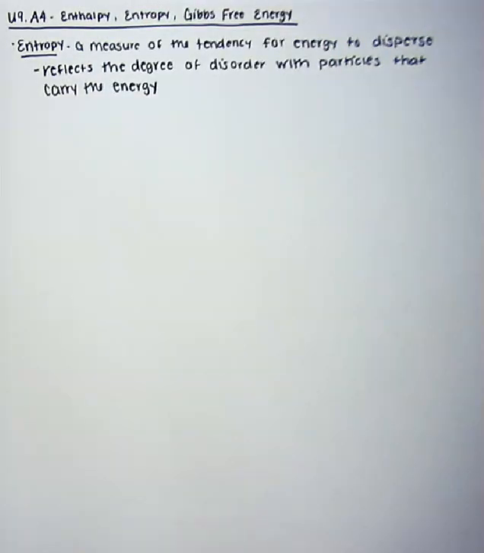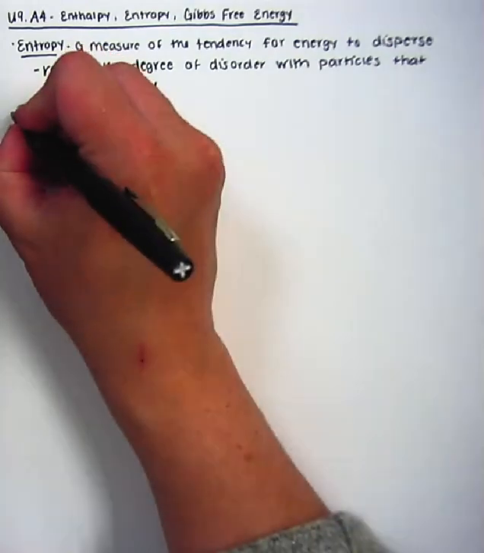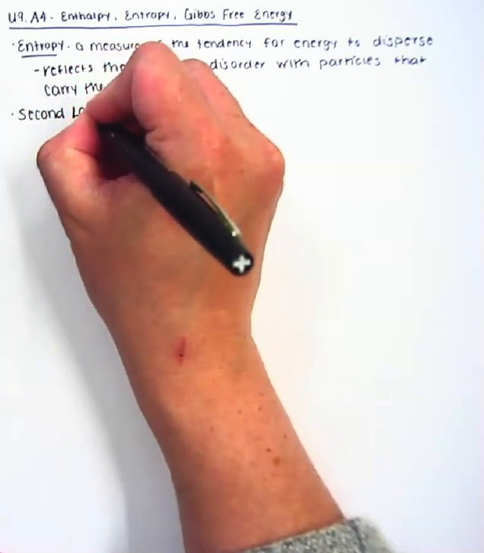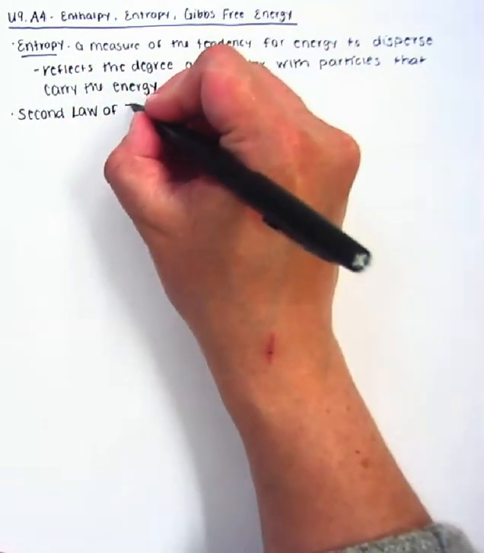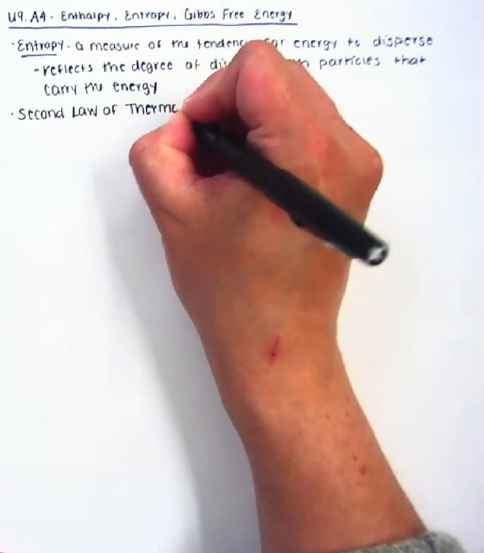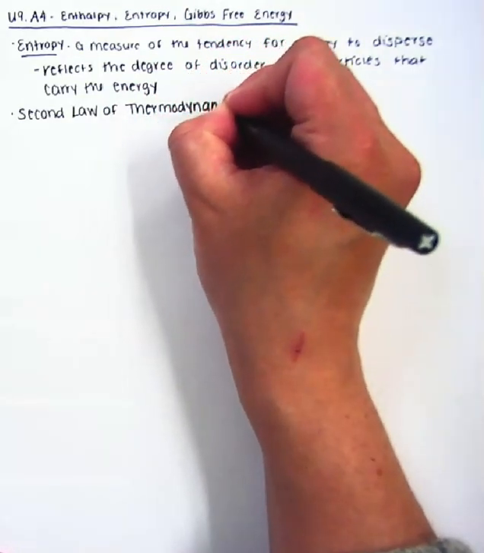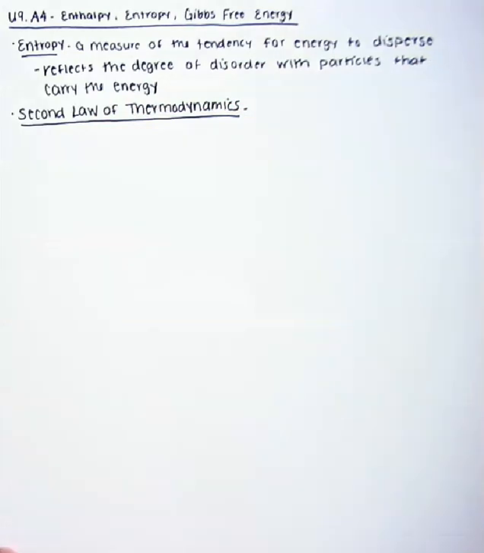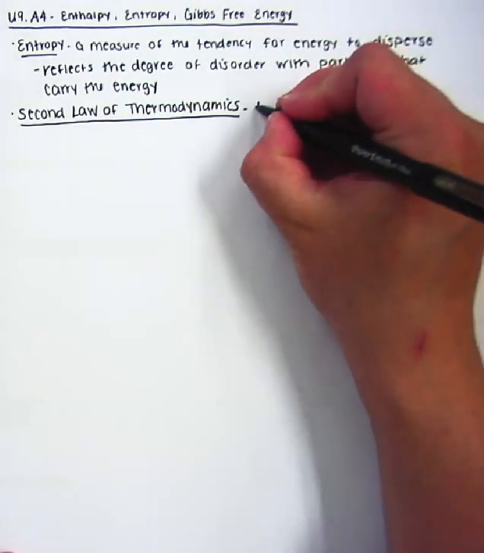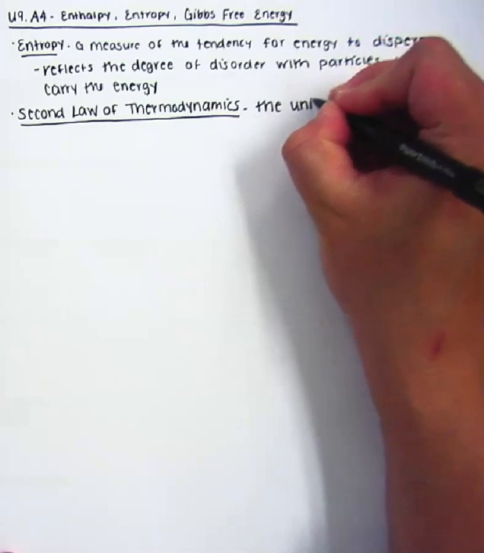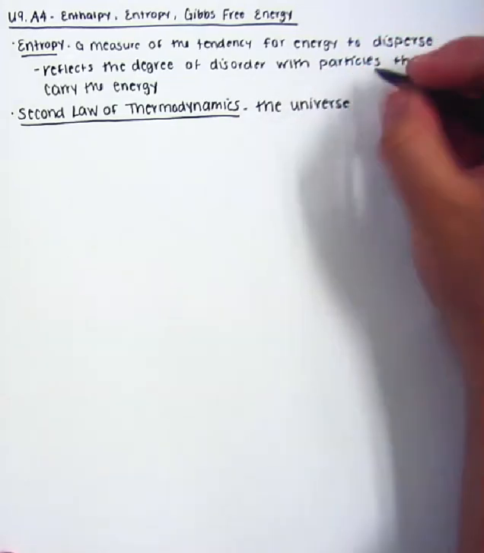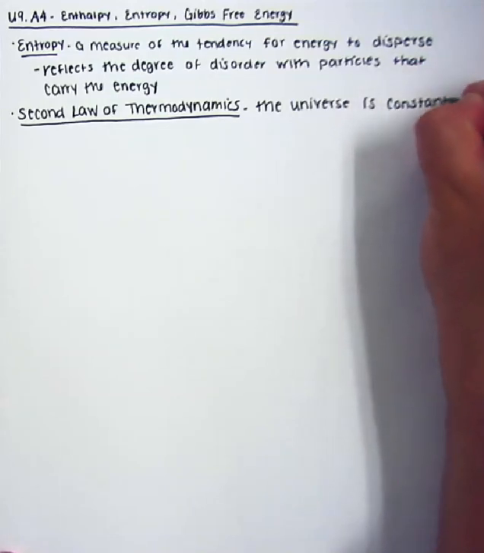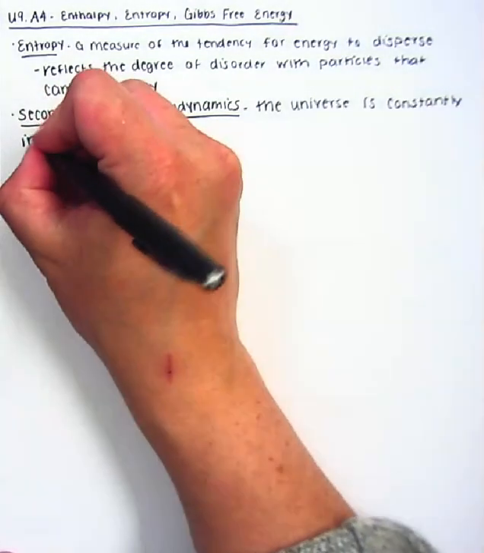So we're going to talk about entropy a little bit more, but this brings us to the second law of thermodynamics. The second law of thermodynamics states that the universe is constantly increasing disorder.